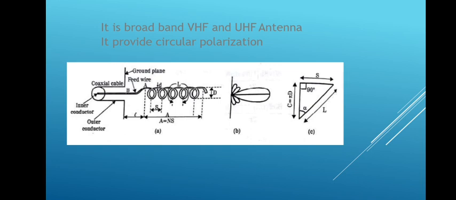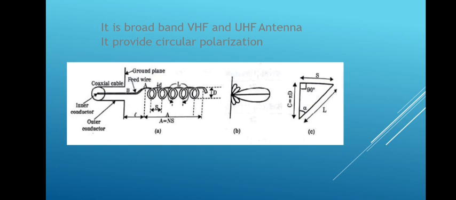That is the efficiency of the antenna, very poor. So there are some remedies. One remedy is to increase the length of the wire to 1 lambda, then the radiation resistance increases and gives good efficiency.